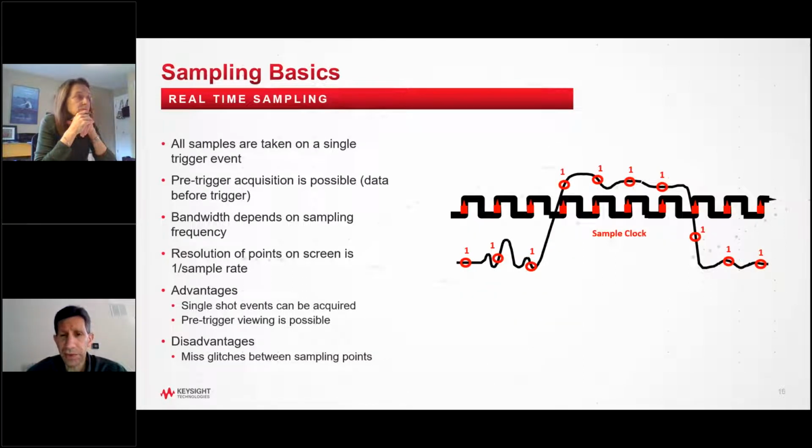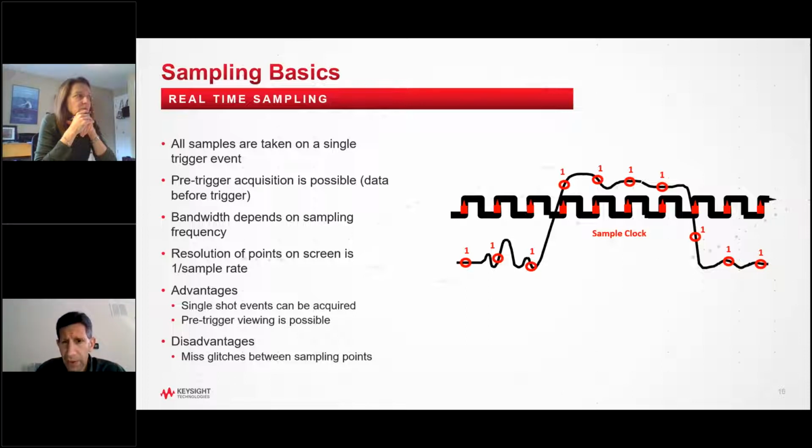All right, there's 3 main types of sampling in an oscilloscope. The most common is real-time sampling. So on a single trigger, we're going to digitize and capture all the points in one trigger acquisition. Now, while the scope might run continuously, essentially it's constantly re-triggering and capturing the signal.